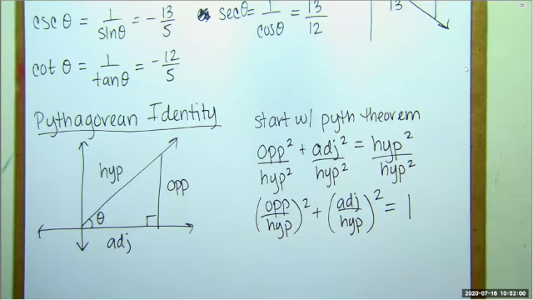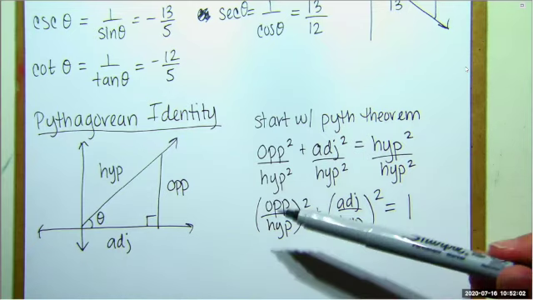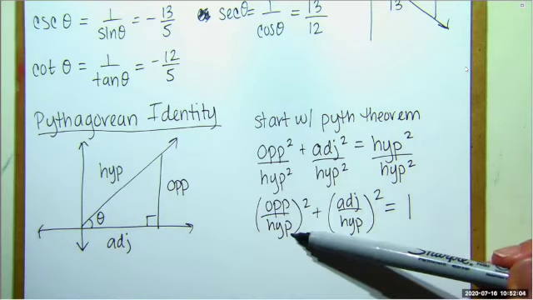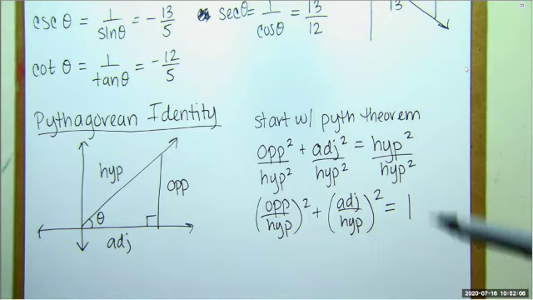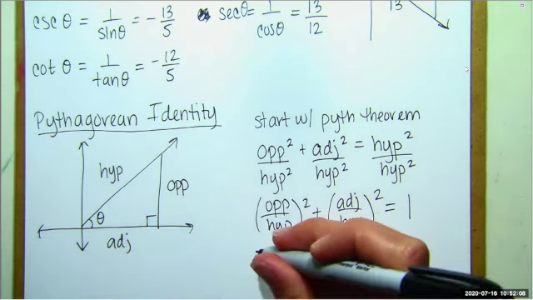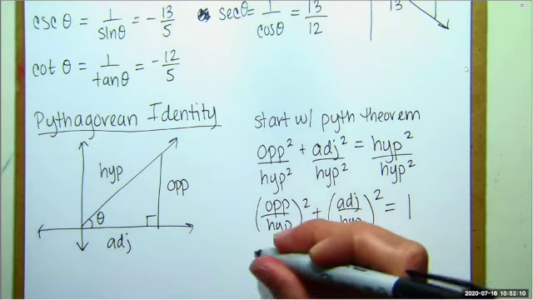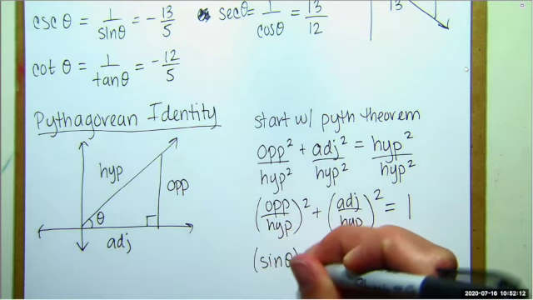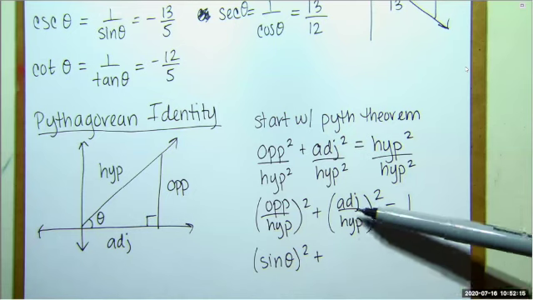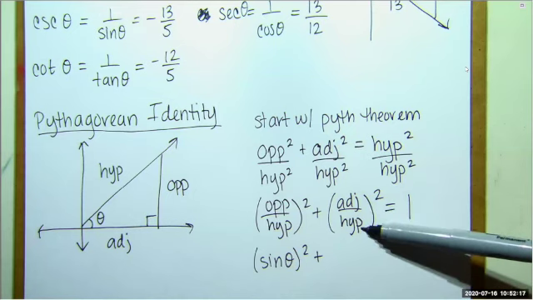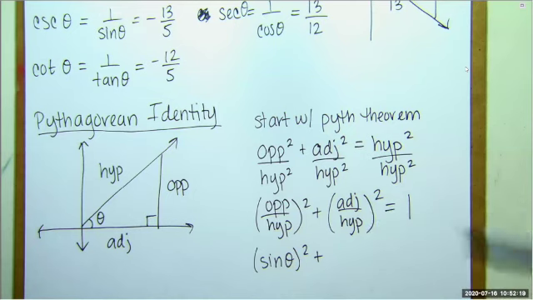Our goal is still to get this in terms of sine, cosine, and tangent. Once we get to the final step, I'll put it in a box for you. We notice we have opposite over hypotenuse. Opposite over hypotenuse is equal to what? Sine, cosine, or tangent? Sine, okay, so we have sine of theta squared plus, now I have adjacent over hypotenuse. What's that equal to? Cosine.